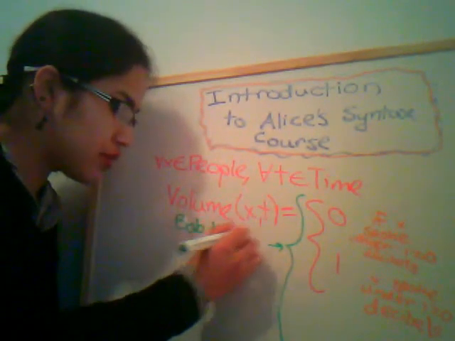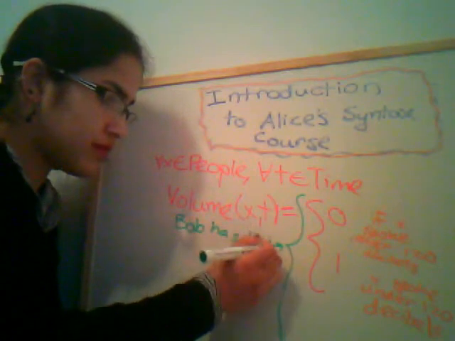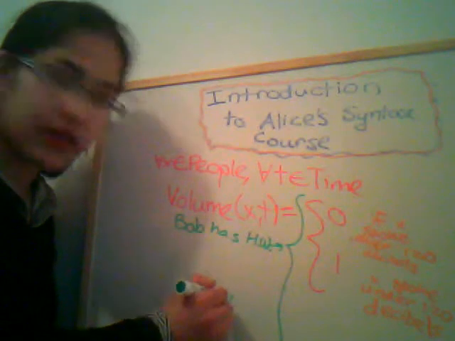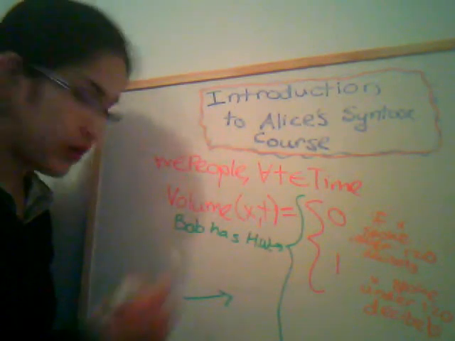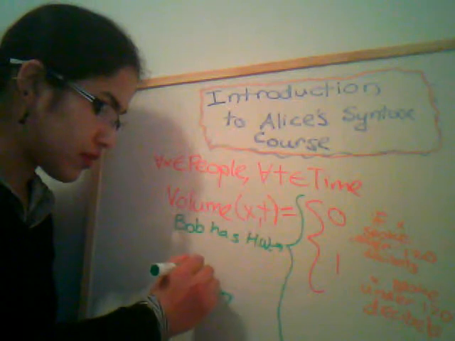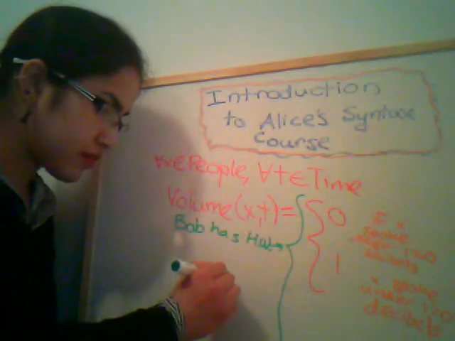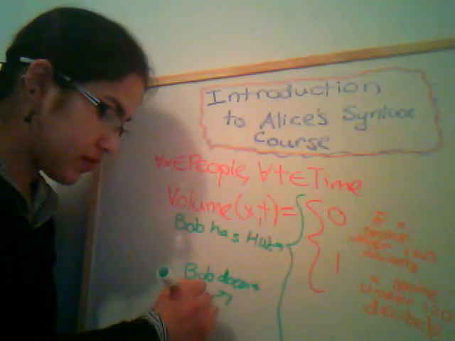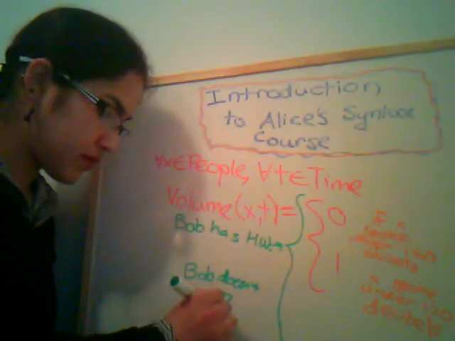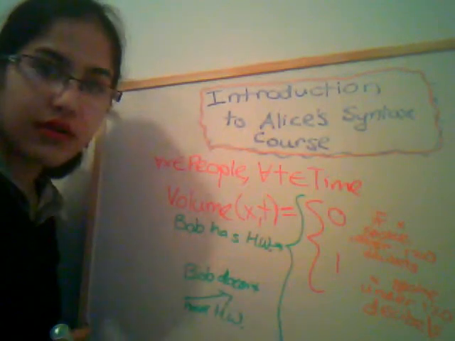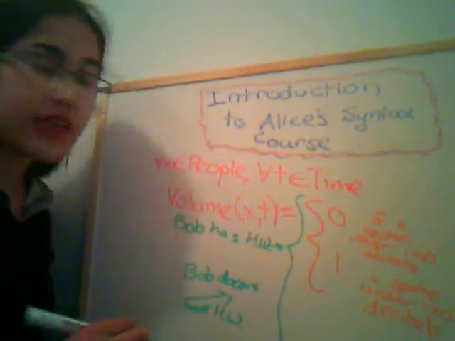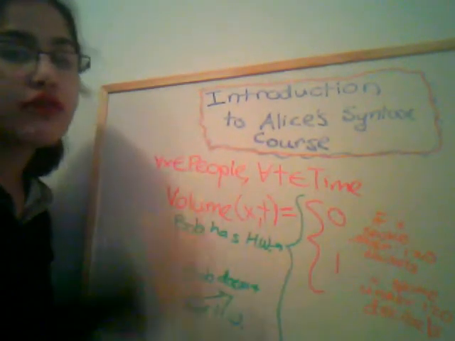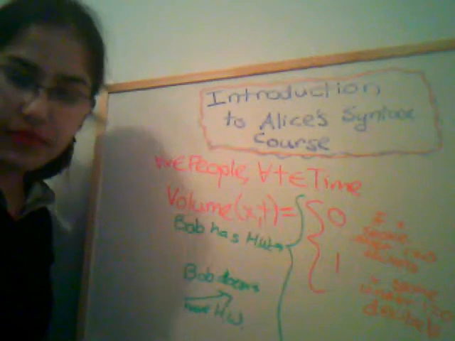And then after that we'll have case 2, which will be a very similar case to case 1, which is when Bob doesn't have homework. We had to write 2 cases so that we can define the constants, in this case the number of decibels, in a different way for all of our cases.